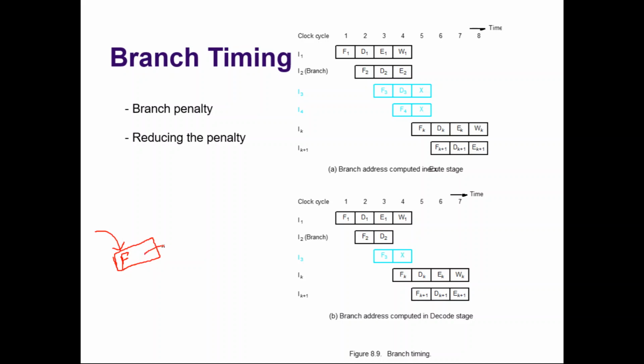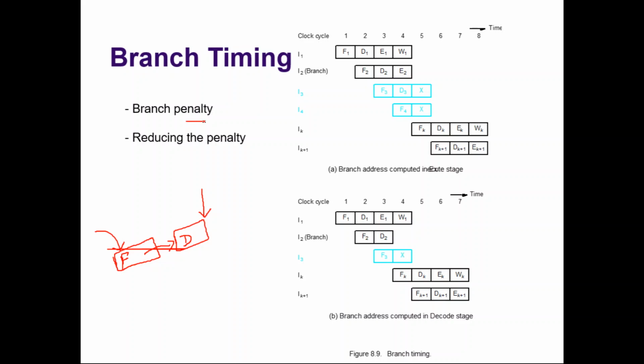Then the moment it is passed to the decode unit, the decode unit will identify the branch target address at the end of the decode clock cycle. That is, you need not wait for the execution to identify the branch target address. By the end of decode itself, the branch target address can be identified. If you are able to do that, then the branch penalty can be reduced.